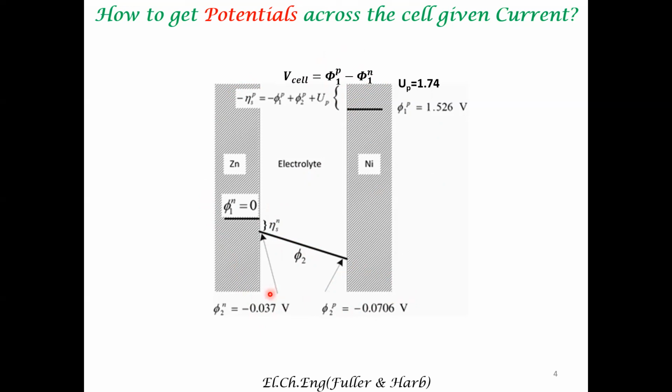This is an unknown right now, and this is also an unknown. This is a known quantity because it's just a reference potential, and by definition, we can put this as 0. All right, let's get started on how we go about figuring out these unknowns.